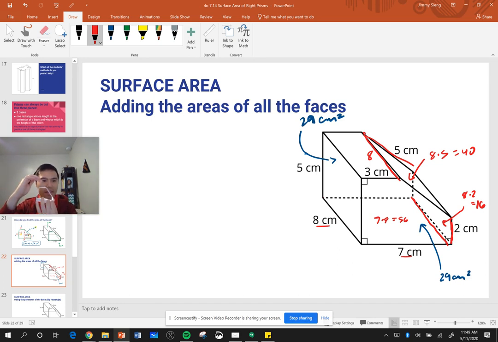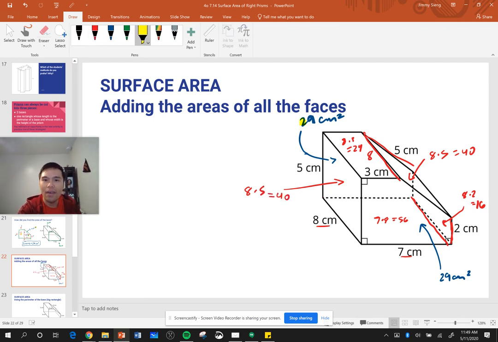We're looking at the top right now. That's a 3 by 8 or 8 by 3. So that's 8 times 3, which is 24. Last but not least, we have the side face right here, and that looks like it's going to be 8 by 5. So this is 8 times 5, which gives us 40.